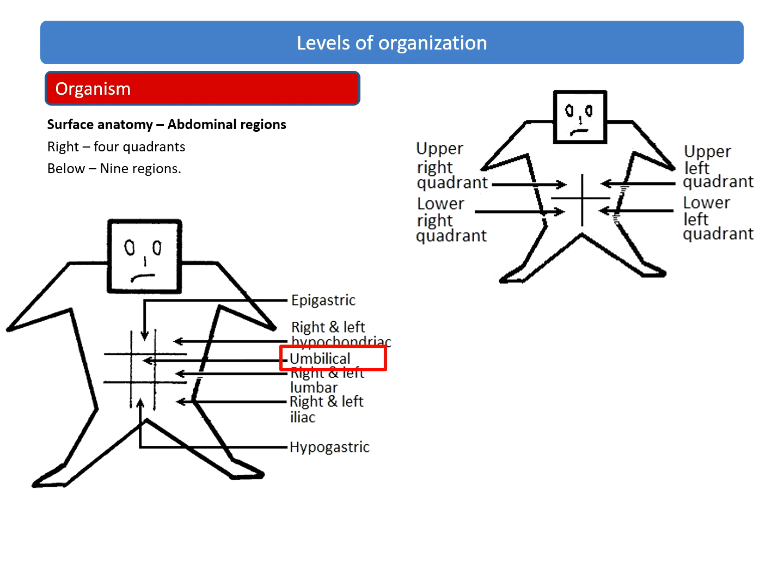In the middle would be the umbilical region. Above that would be the epigastric, literally above stomach, and below it the hypogastric, below stomach. On either side would be the right and left lumbar regions. Then in the corners would be the right and left hypochondriac region and the right and left iliac region.